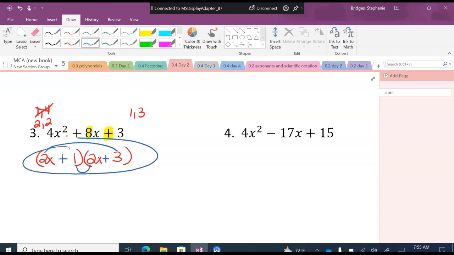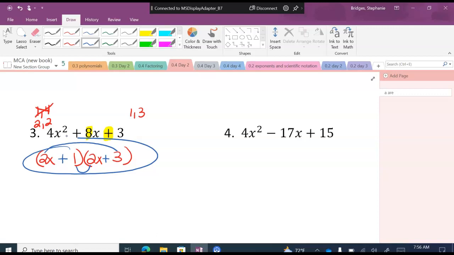All right, let's take a look at number 4. What I want you to do first, do we have a GCF? No, right? Okay, so list the factors of your first term. List the factors of 4. And then list the factors of 15.